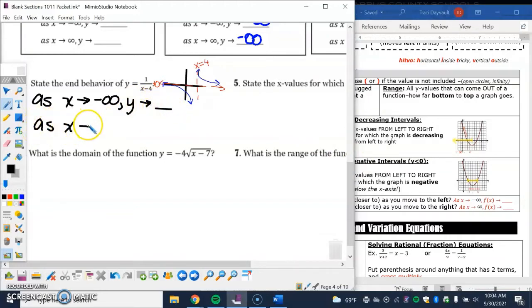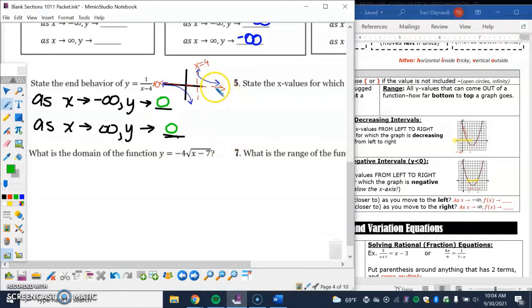And as x approaches positive infinity, what happens to the function over time as well? As x approaches negative infinity, as I move to the left forever and ever, the graph is going to get closer and closer to what? It's going to get closer and closer to 0. Same thing on the right side.